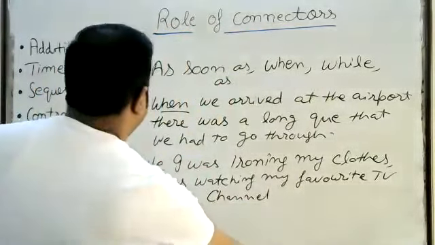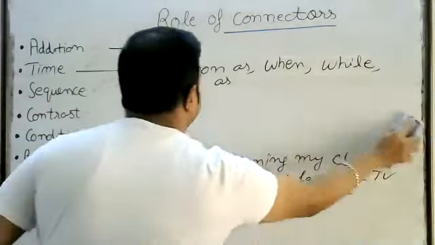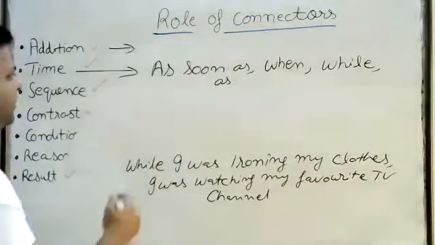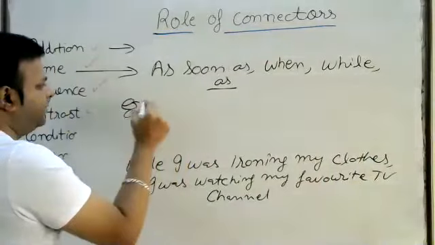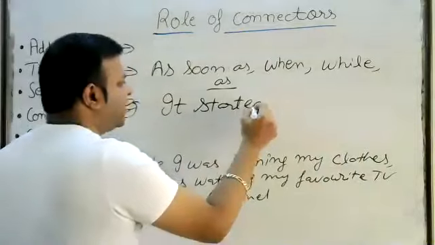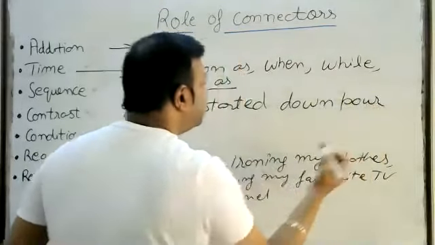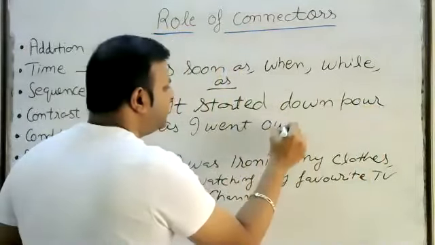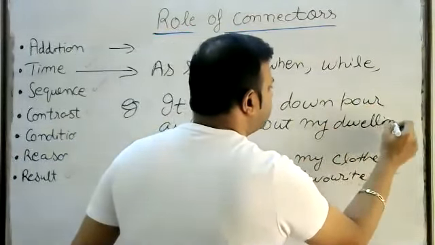Now let's make a sentence with "as", obviously because it is used as a conjunction to give a reason. So let's say an example: It started downpour as I went out of my dwelling.